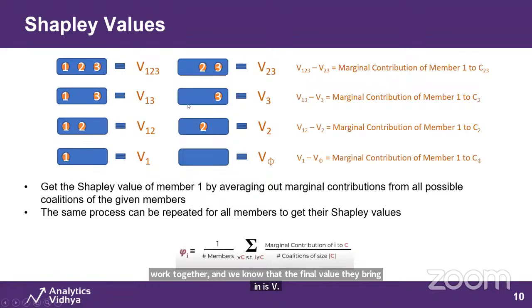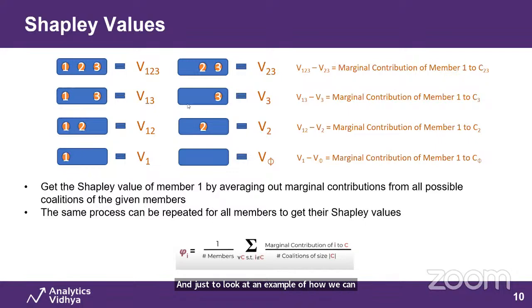Right. And just to look at an example of how we can arrive at the individual contributions for each member, we take the case of just three members in a group, right? And we know that if these three people work together, we have an output of, let's say, V123. That's the outcome.